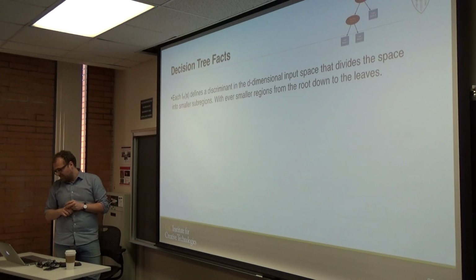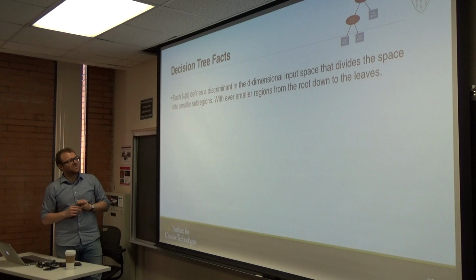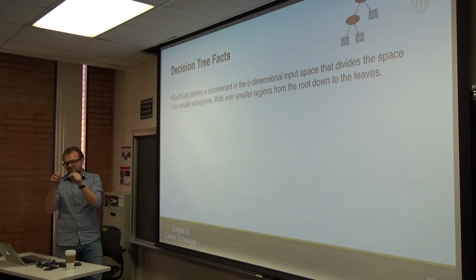So a few facts. Each of these decision functions defines a discriminant in the d-dimensional input space, and divides it into smaller subregions, with ever smaller regions from the root down to the leaves. So we make new decisions over and over again, and in our basic decision trees, we're always only choosing one dimension to make a decision on.